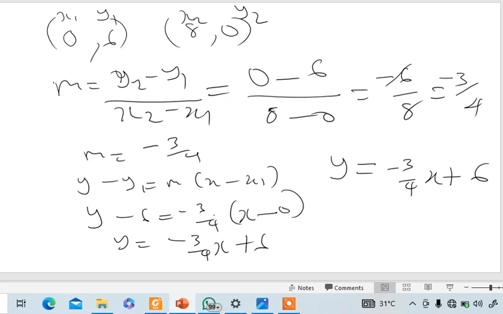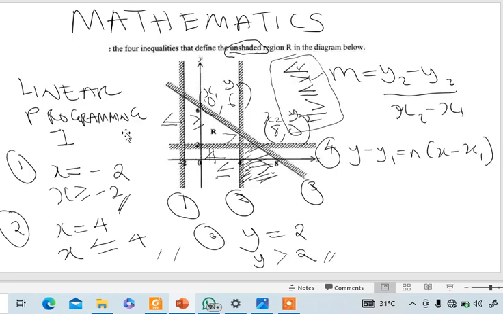Let's go back to the line. This line is bold, isn't it? It's a bold line there. So what do you have to notice? We have 6 on the y-axis and 8. Above the line, since it is a bold line, we say greater than or equal to. Below it, we say less than or equal to.